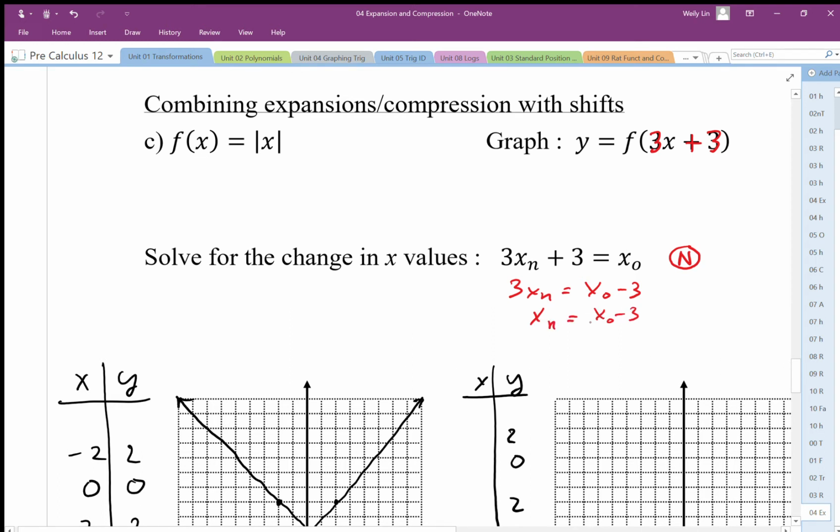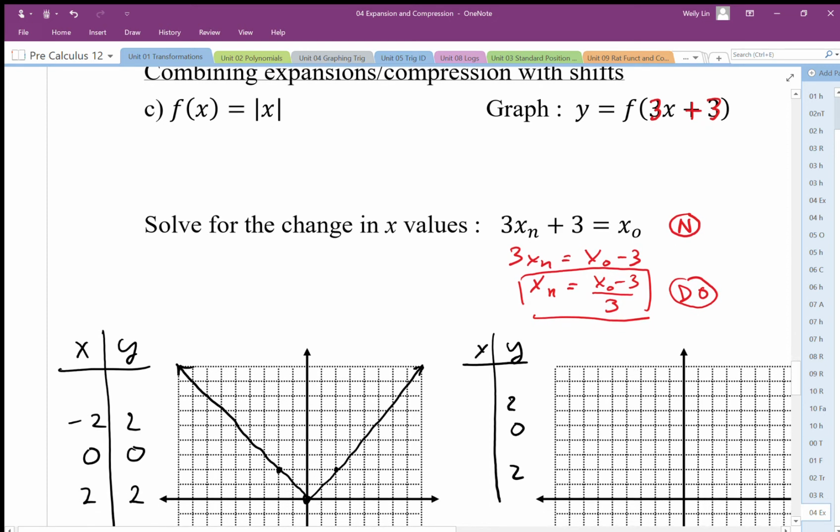So what ends up happening is I now have the expression to calculate the new coordinates, and the expression is in the correct order. I subtract, or shift left, 3 first, then compress by 3 last. This is what I'm going to do, the actual transformation.